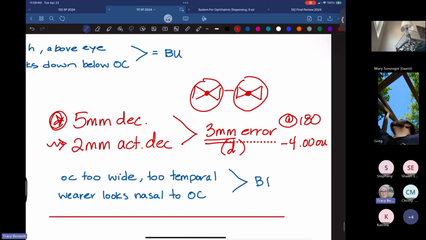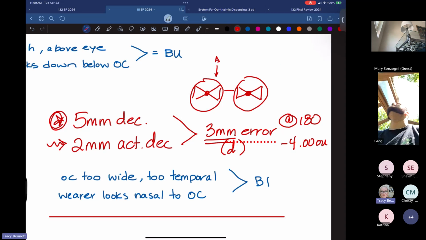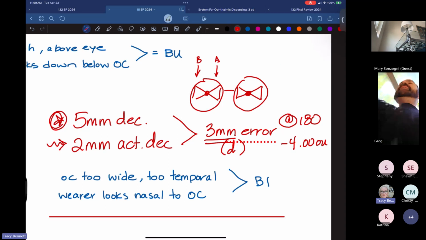So where are my eyes at? Are they A or B? Are my eyes nasal or temporal to the OC?